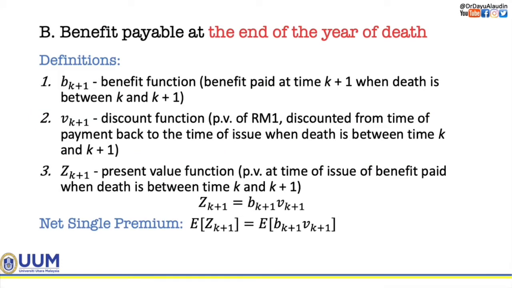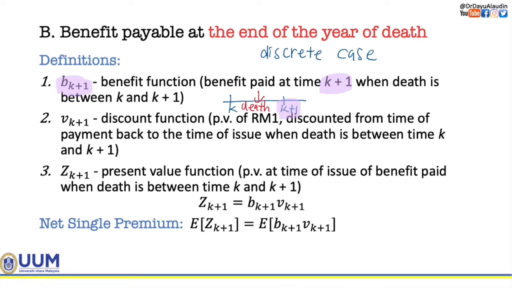Second one, benefit payable at the end of the year of death. So this is for the discrete case. The benefit function is written as B(k+1), the benefit paid at time k plus 1. So when death happens between k and k plus 1, the benefit will be paid at k plus 1, at the end of the year of death.